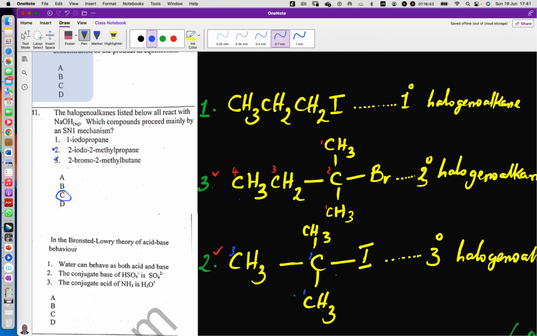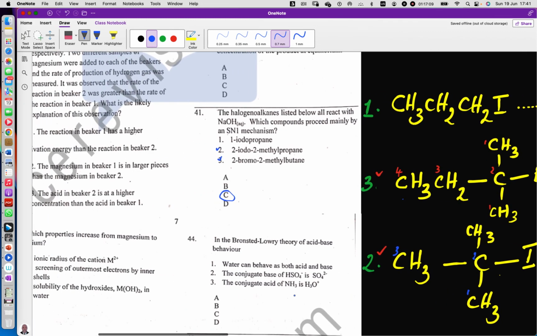These are tertiary halogenalkanes, and we said only tertiary and secondary halogenalkanes will undergo SN1. In this case, we don't have any secondary halogenalkane. So the only ones that will undergo the SN1 mechanism are the tertiary halogenalkanes. And the tertiary halogenalkanes here in this question are 2 and 3. And 2 and 3 will give us the answer, which will be C.